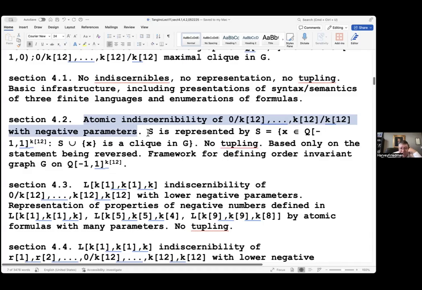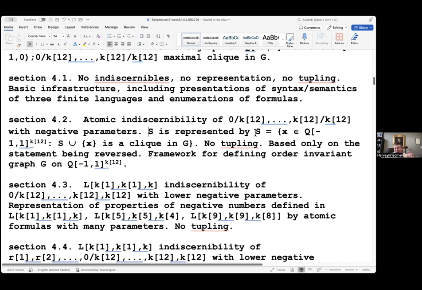And then S is, so I want to say there's really not much representation here, except I'm sucking out what is in the statement being reversed. It has a certain indiscernibility in it, right? Because it says that something's invariant, right? And it also has a kind of representation, namely that I can represent S itself.